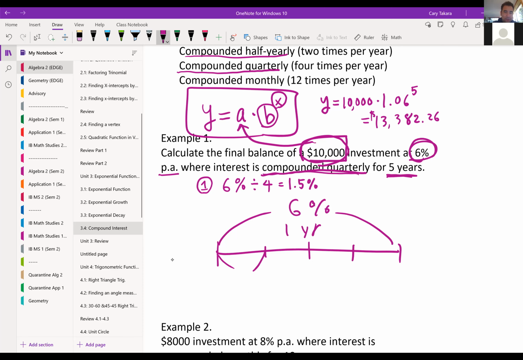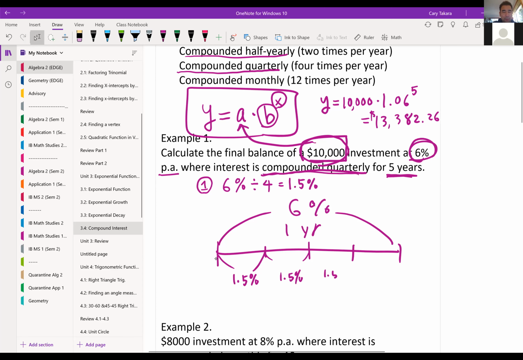In other words, for the first quarter, that's January, February, March, 3 months, right? Every 3 months, you're going to receive 1.5% interest. And then from April to the end of June, you also receive 1.5%.